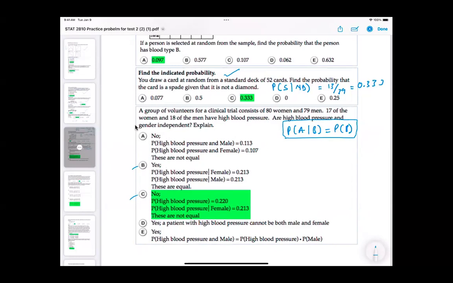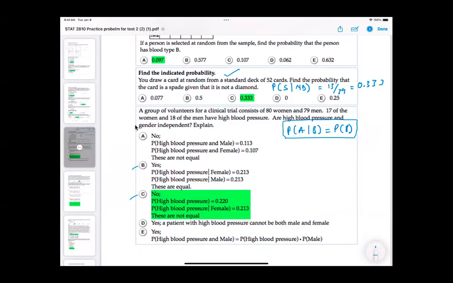To be able to do that, let's try to find the probability of high blood pressure. What is the total number of people we have? 159. It is 80 plus 79. Do you agree to that?